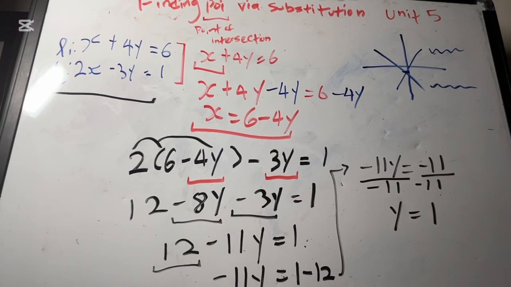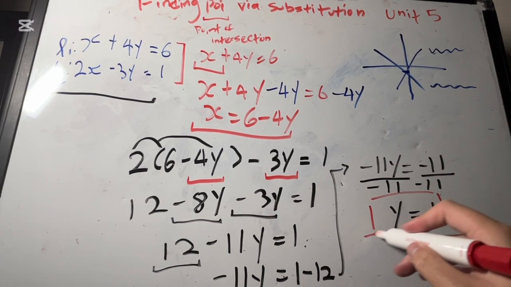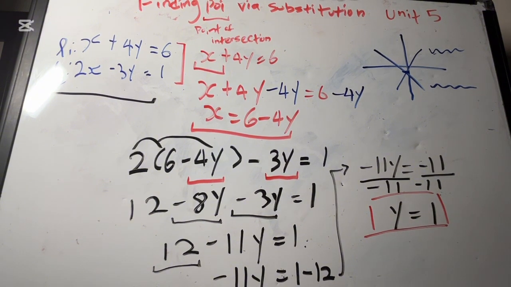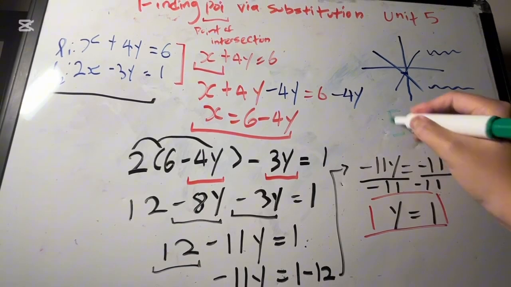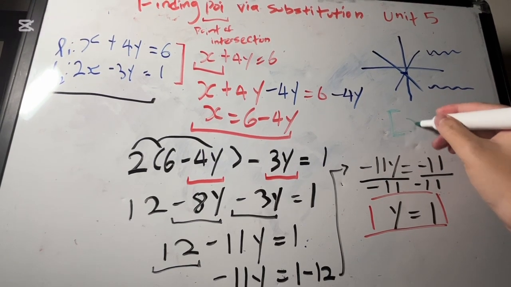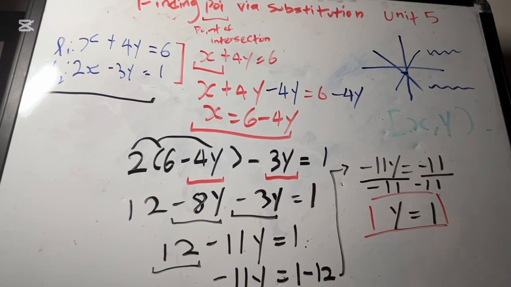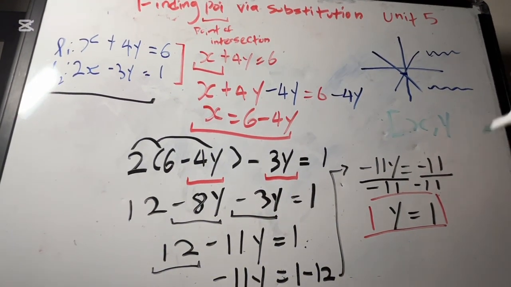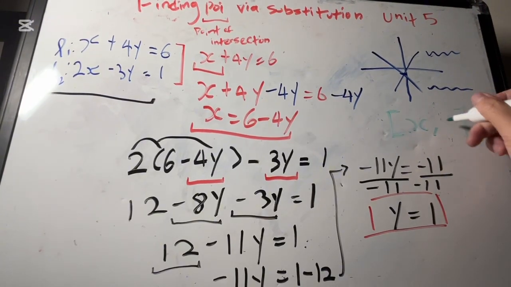So now we know that the y value is 1. But we are not done. Let's switch colors here. What we know is that y equals 1, so we already know half of the point of intersection.